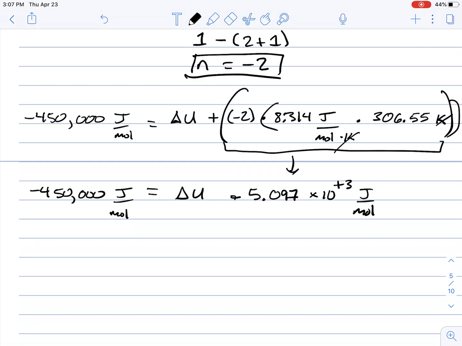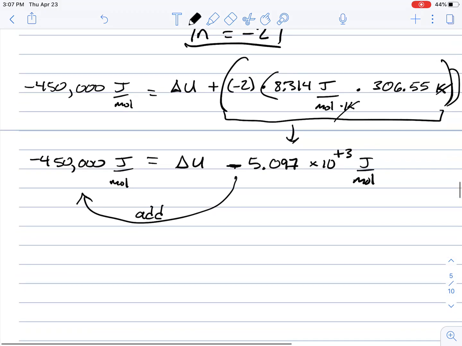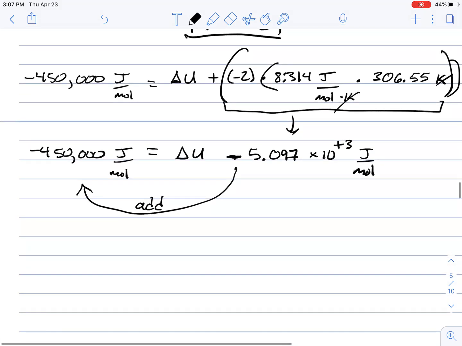And since this is a subtraction sign, you're going to add to the other side so that you can solve for delta U. And so here I'm going to have negative 450,000, and then I'm going to add that 5,097.